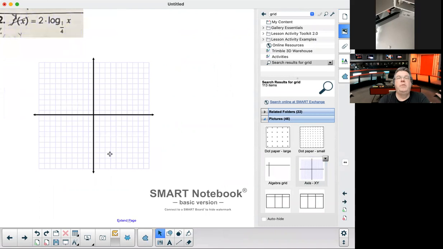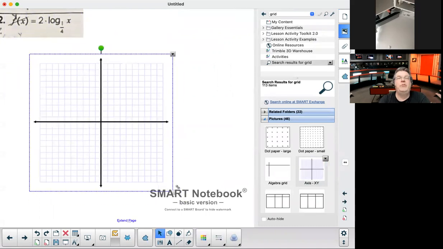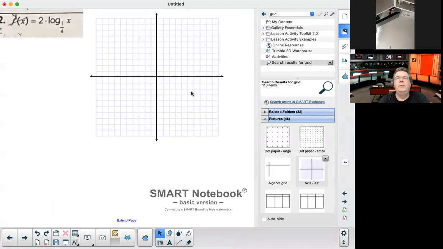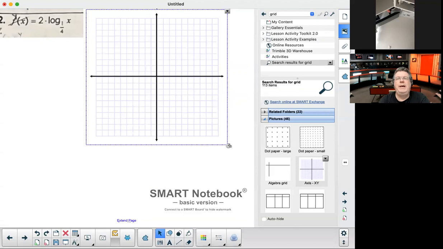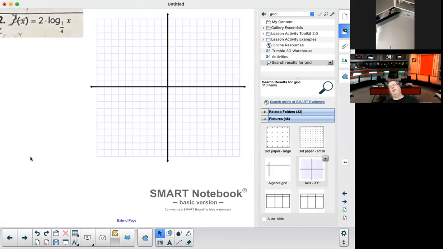So the logarithmic function is the inverse of the exponential function, and you already see the basic shape. Do you know what I mean by that? The graph of the logarithmic function is a reflection in the line y equals x. Are you good with that? Yeah. Okay, so let's see.